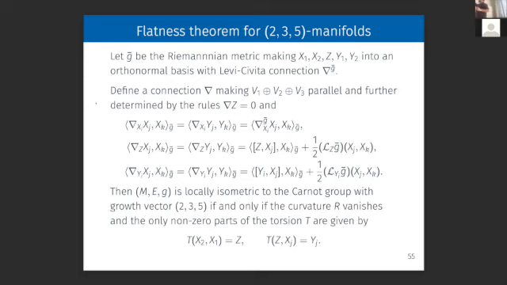You extend it, you use its Levi-Civita connection to define another very complicated connection, but it turns out that this connection is independent of the choice of X and Y. And now you can check if it's flat by computing the curvature. And if the curvature vanishes and the torsion is as small as it could be, which is that it's just given by these internal brackets, then you are flat.